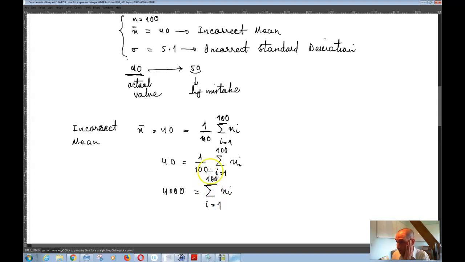So that means that this is the incorrect sum of observations.